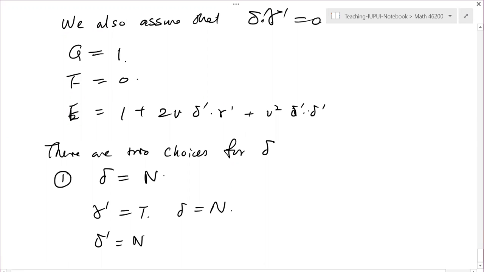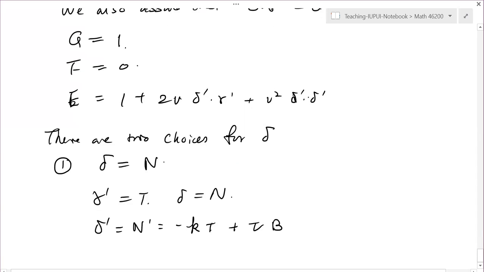Normal vector prime is given here in the page. It's going to be negative curvature k T plus tau B.